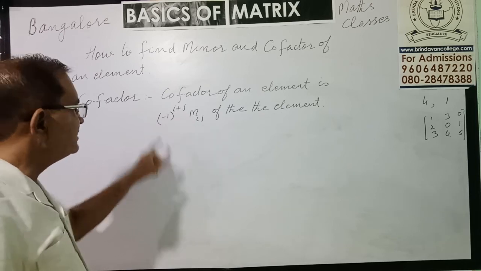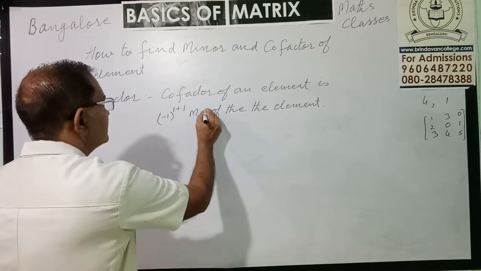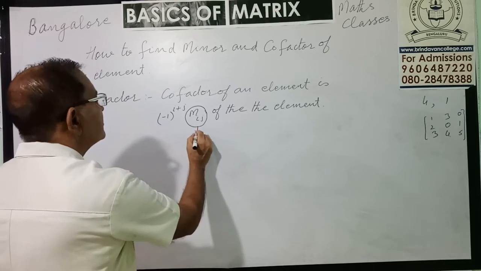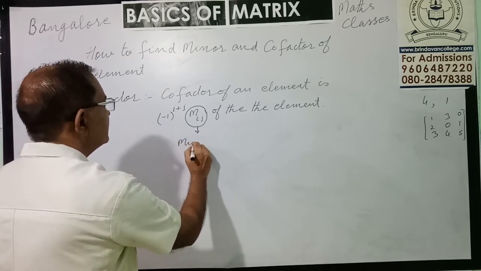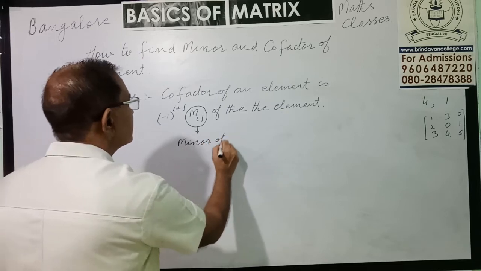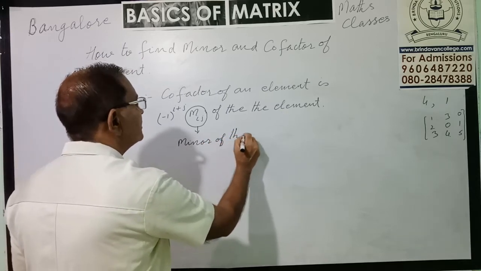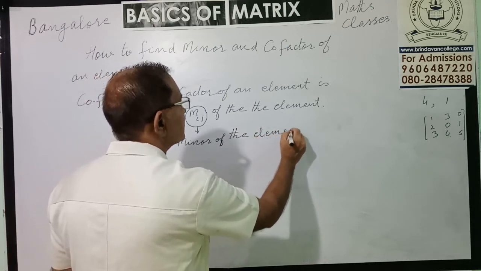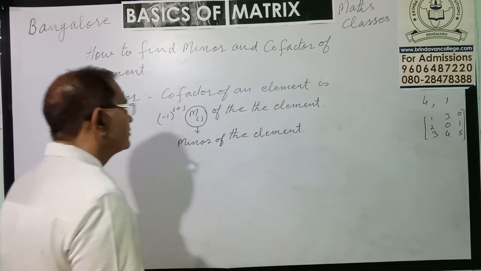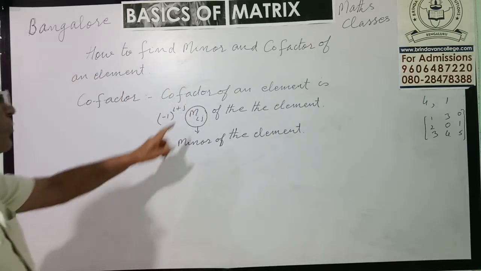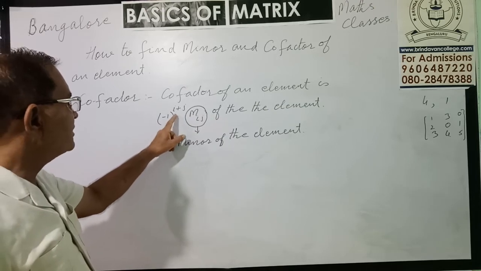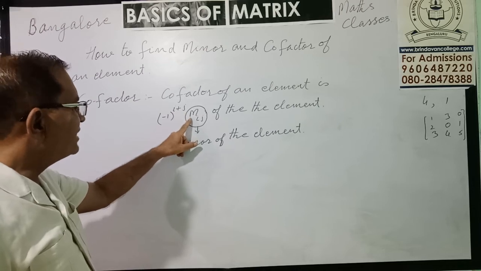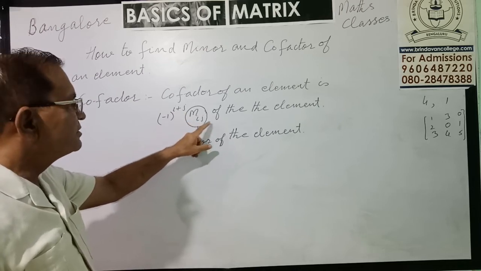Mij stands for minor of the element. Cofactor of an element is -1 power i plus j, minor of the element.